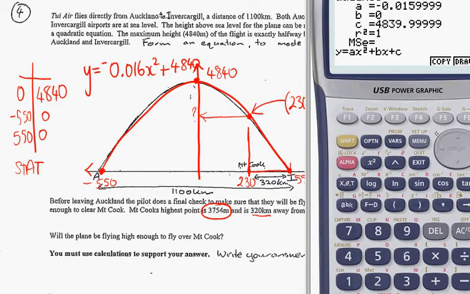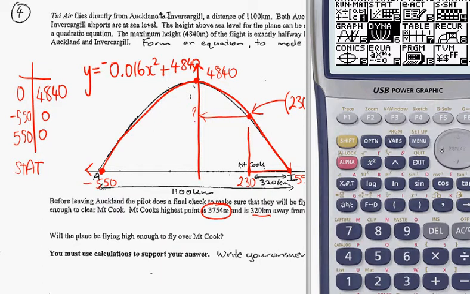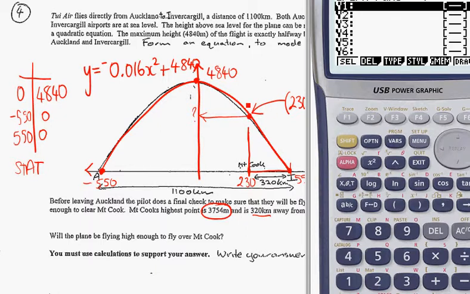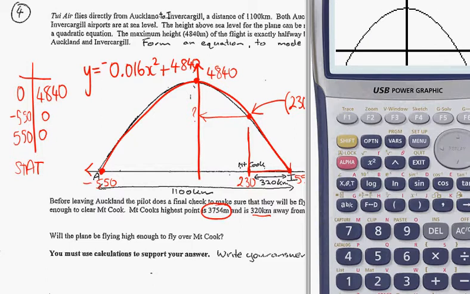If we come over to our calculator and we go into graph, and we're going to graph this equation, plus, and it's all on there. You might have to change the view window, but I can clearly see mine.